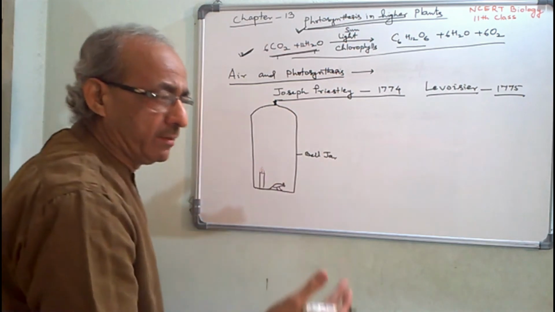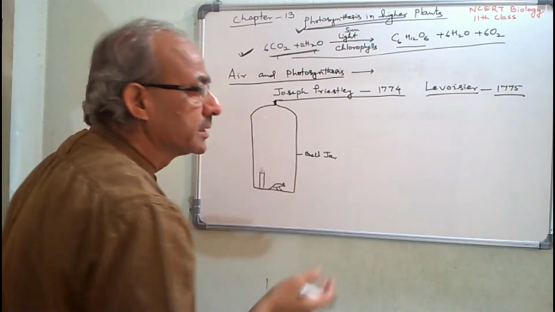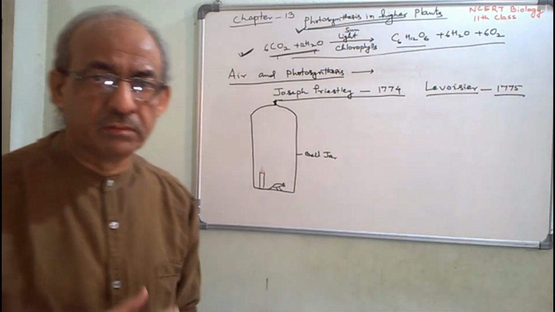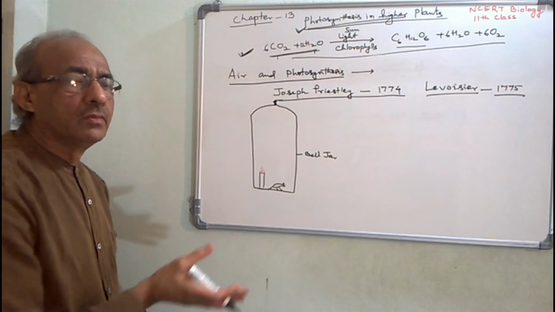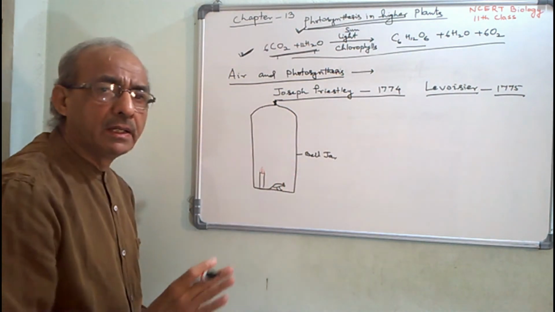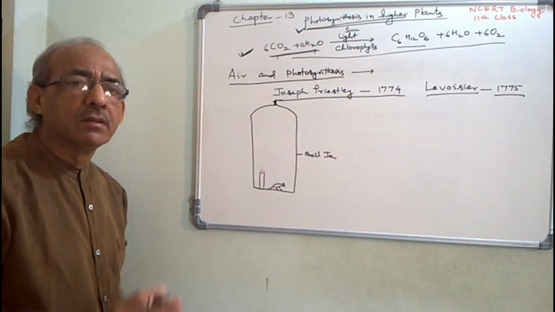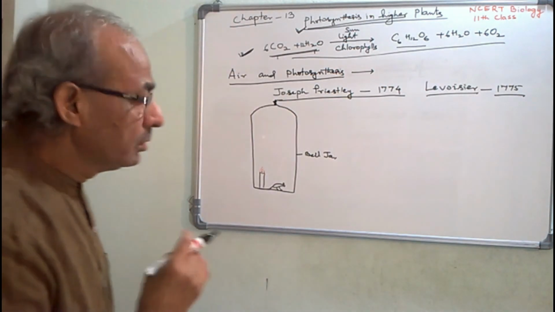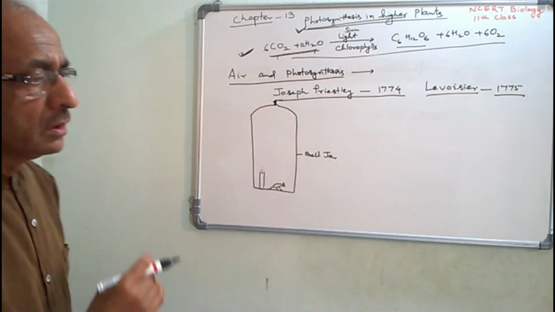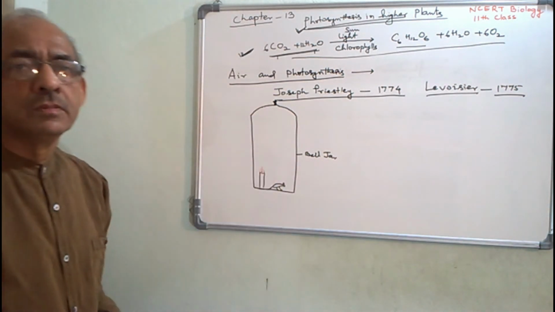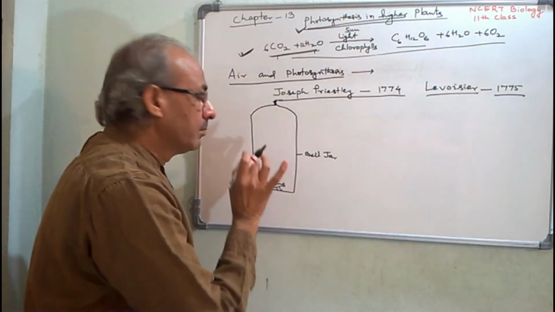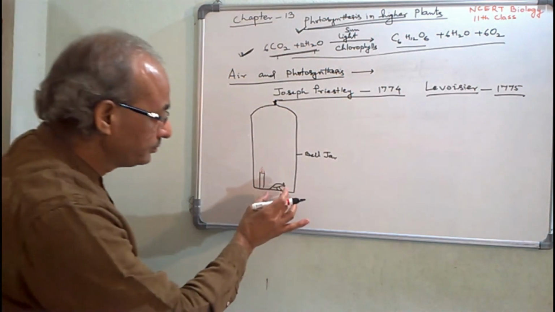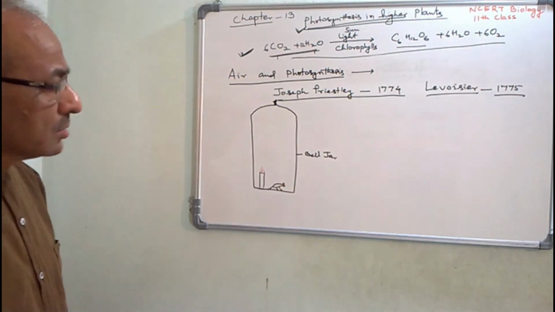After some time, that constituent of the air is exhausted, used by the burning candle and by the mouse by breathing. Due to that, the candle got extinguished and the mouse died.